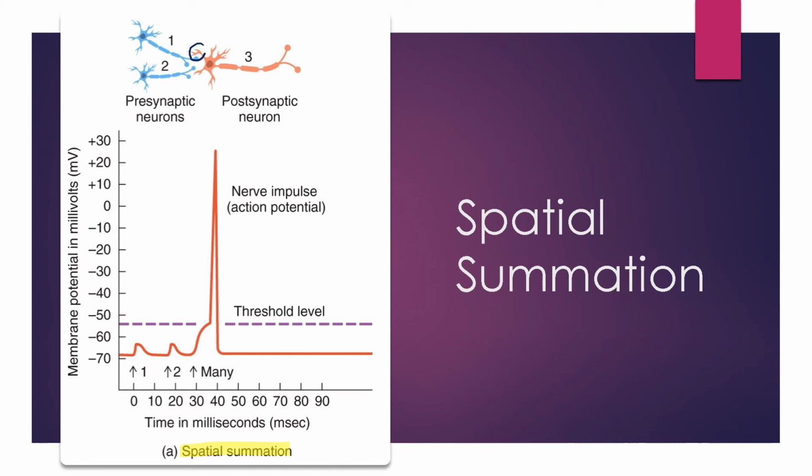So for example, we would get one synapse here and one synapse here, and they're going to have resulting postsynaptic potentials that occur at the same time. So spatial summation results from the buildup of neurotransmitter released simultaneously by several presynaptic end bulbs, like we get here.